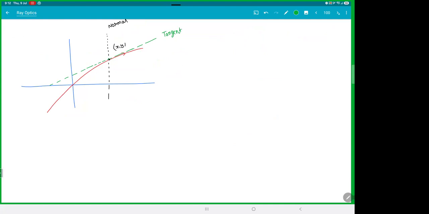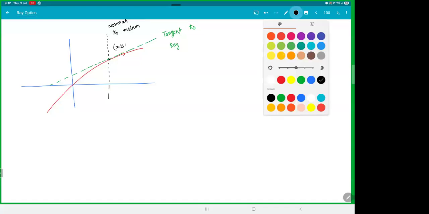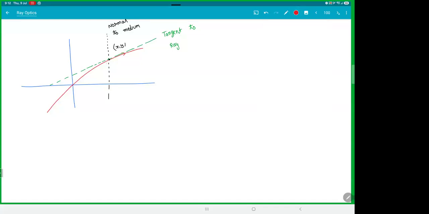This is not normal to the curve. This is a tangent to the ray, and that is normal to the medium. So don't get confused between these two. This is a normal to the medium. This is not normal to the ray. Then this angle would be your angle of incidence I. If that is I, then this angle is 90 minus I. And we know from Snell's law, mu into sine I is constant.